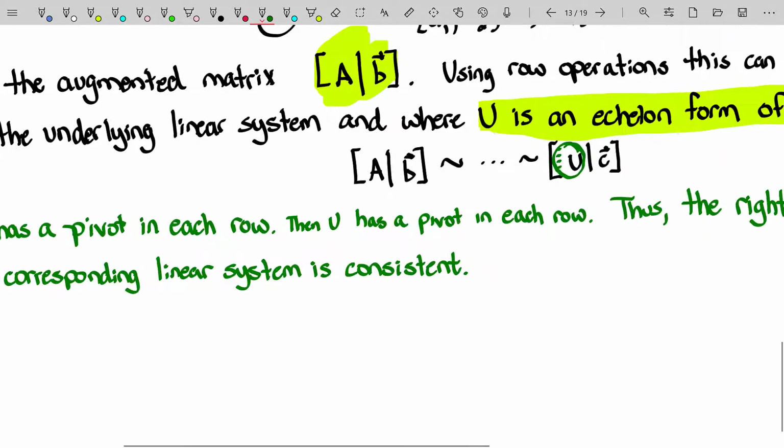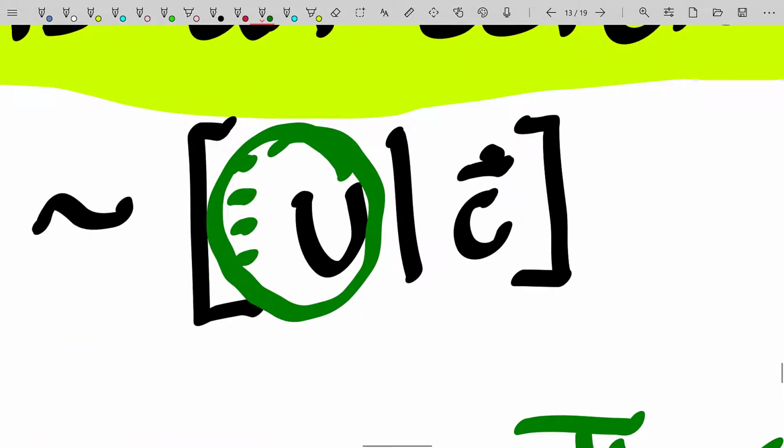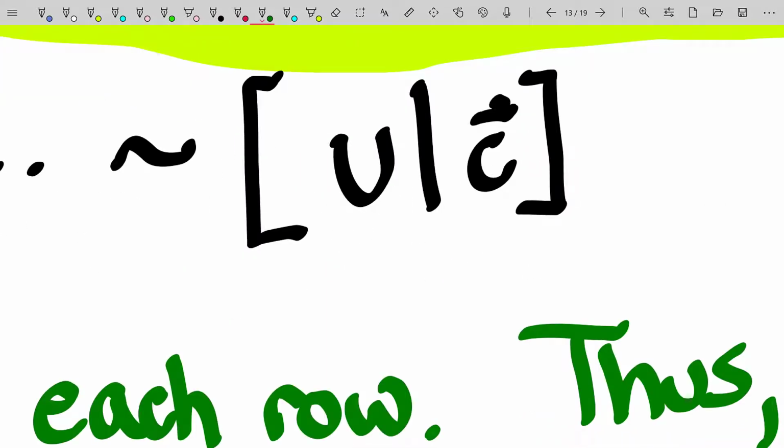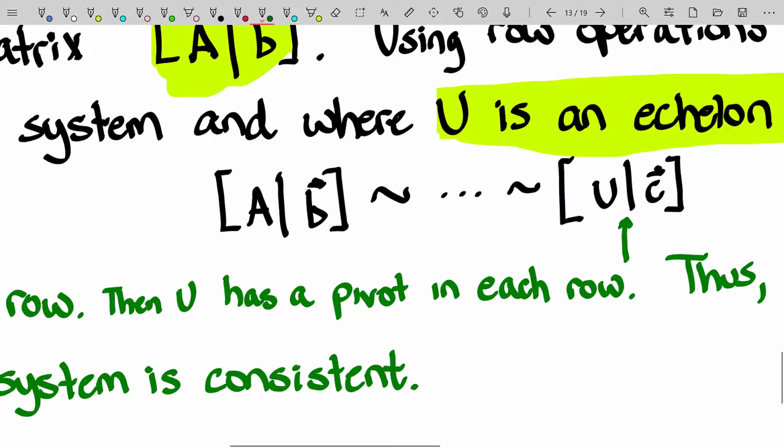Now remember, that means the system corresponding to U augmented with C. However, row operations do not change solutions to linear systems. So the solution to the linear system associated with this augmented matrix is the same as the solution to the linear system represented by A augmented with B.